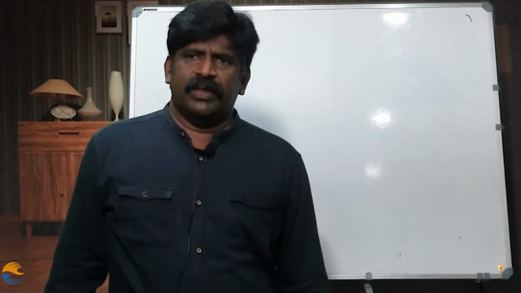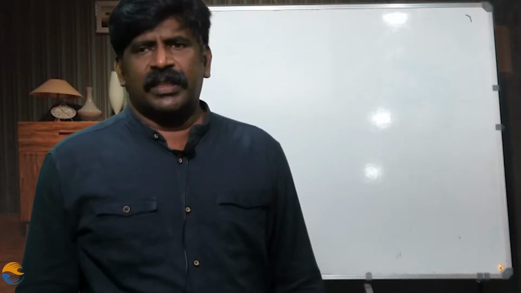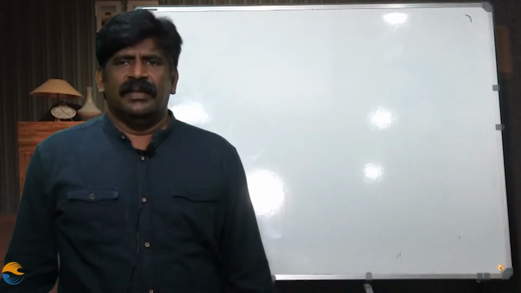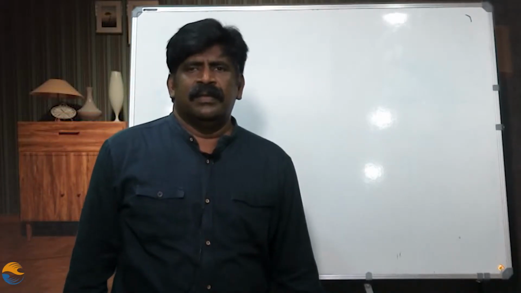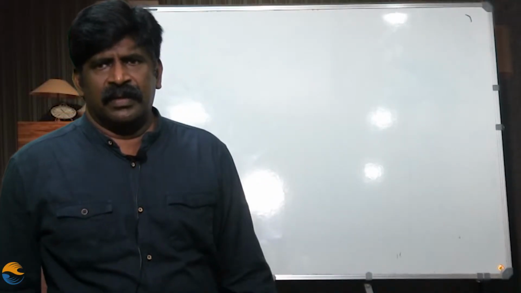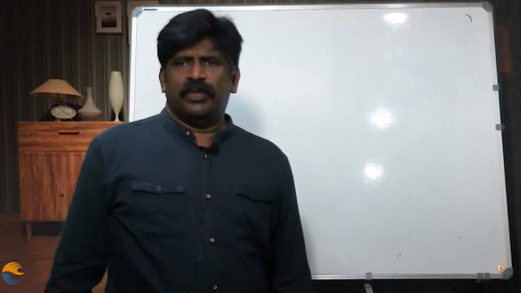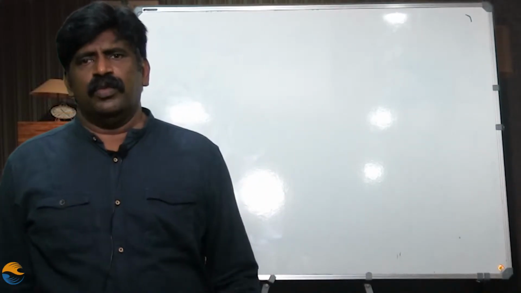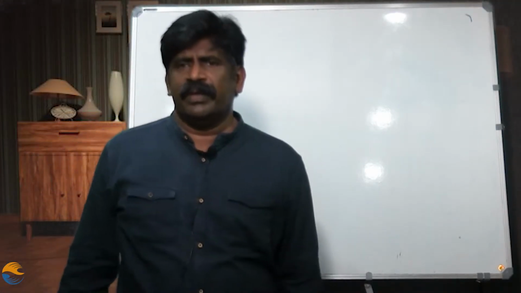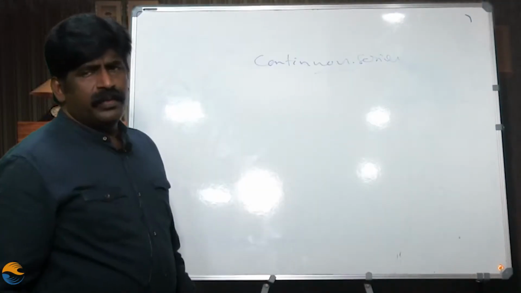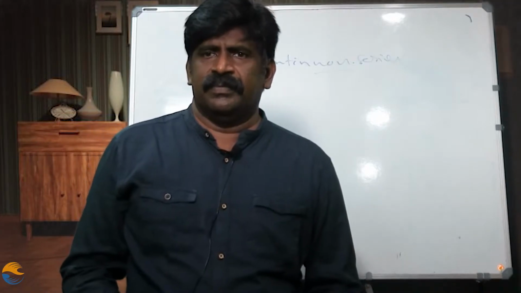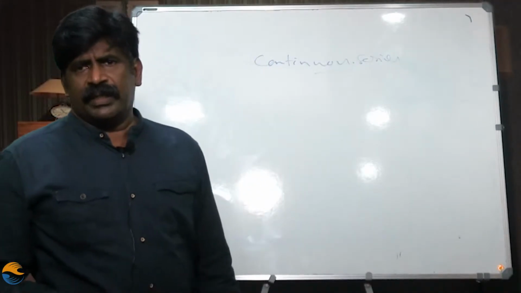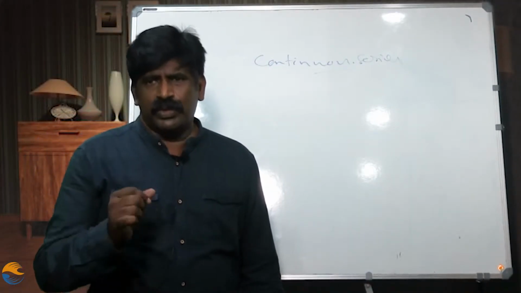Now we deal with the topic economics, second part of plus 1 students, statistics, and in the previous sessions we discussed the individual and discrete series, how to prepare individual and how to prepare continuous series. In individual series, the information will be collected from each and every individual separately.